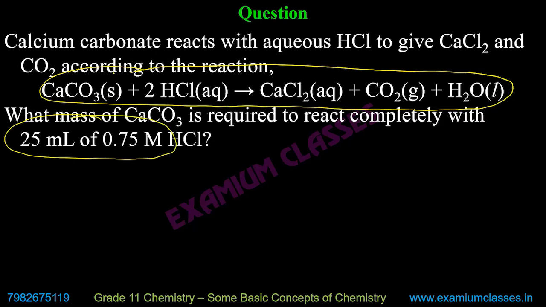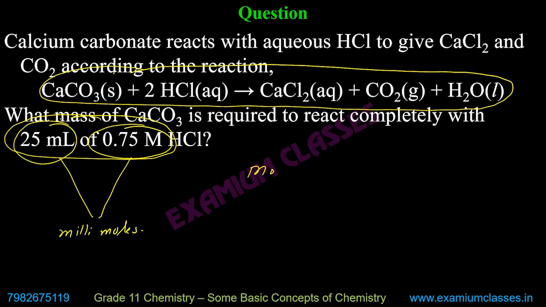Whenever it is given in this form, like 25 ml of 0.75 M, it is actually the moles. When you multiply these two, because here it is milliliter, you will get millimoles. If you multiply these two values, you will always get moles, here millimoles. The reason is the formula: molarity is equal to number of moles of the solute divided by volume of the solution in liters.